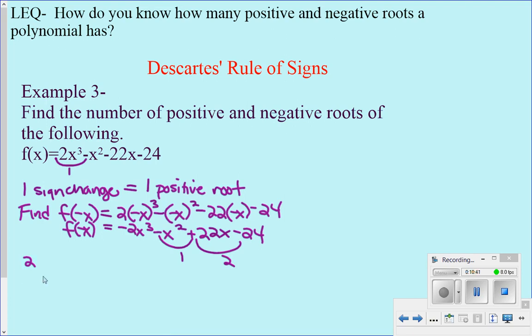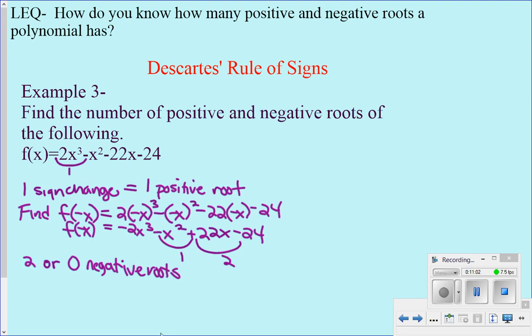So another possibility besides 2 would be that I could have 0 negative roots. Okay, so I could have 2 negative roots, or I could have 0 negative roots, no negative roots at all.